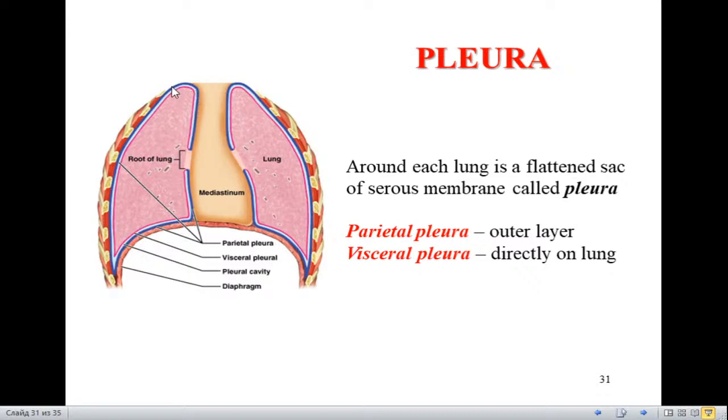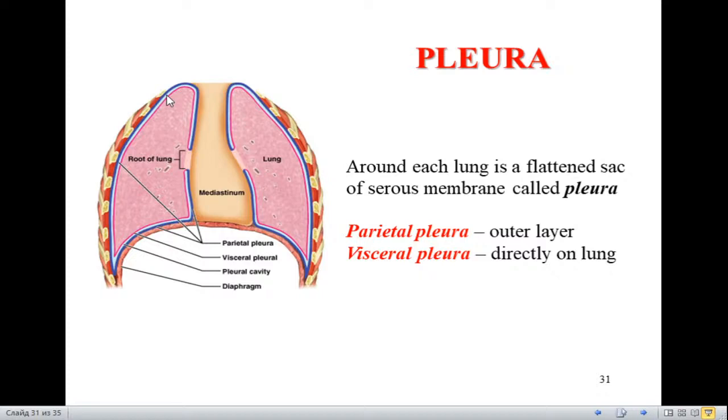The parietal pleura is closely connected with the walls of the thoracic cavity, and under microscopy we will see small pores, small foramens, which absorb the serous fluid into the lymph capillaries.